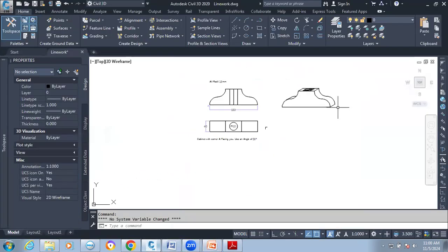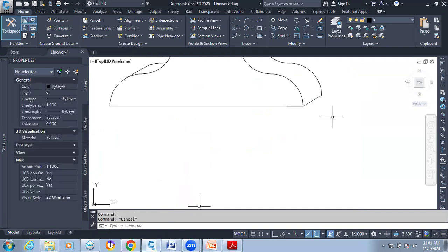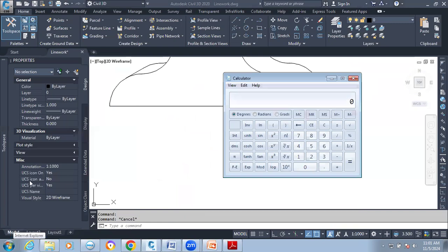And the receding distance would be 20. So it's just 3.